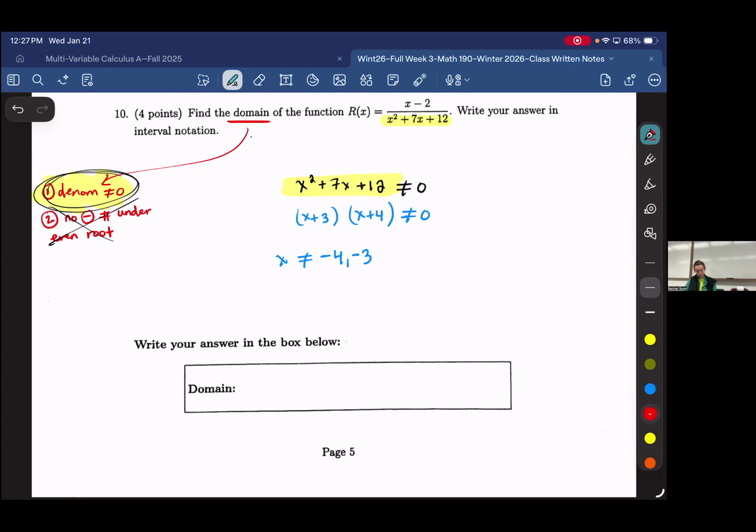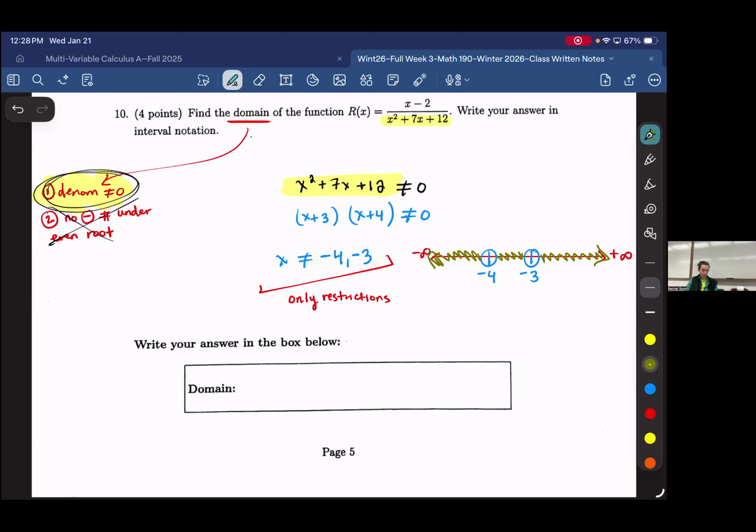And so if these are our only restrictions, from a number line perspective, if we're looking at -infinity up to +infinity, the only values that are not included in our domain are -4 and -3. Those are our open circles, but everything else is included. So how would we write this in interval notation?